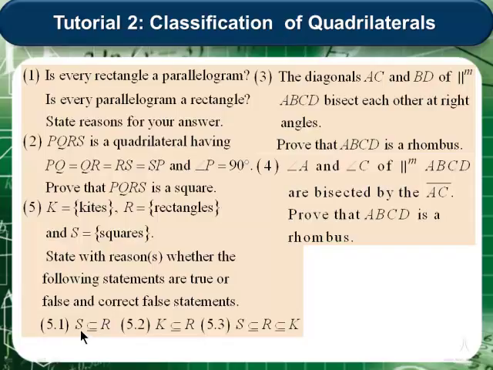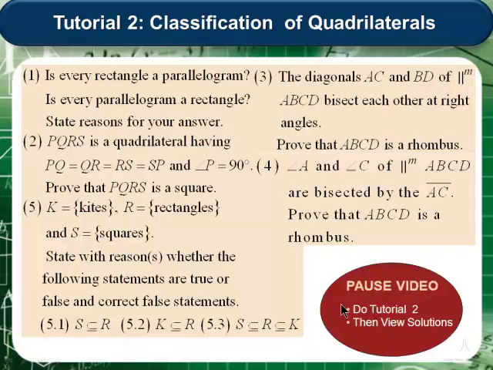Firstly, is S a subset of R? In other words, is every square a rectangle? Is K a subset of R? Is S a subset of K, and R a subset of K? I suggest that you pause the video, do tutorial 2, and then come back and view possible solutions.